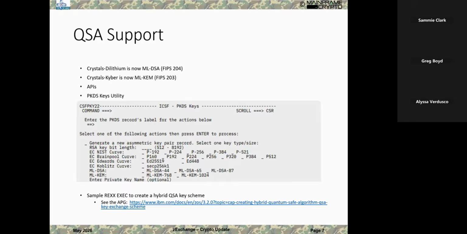Well, now we can create that operational key using a QSA key as well as an RSA or ECC key. And just by virtue of the fact that a QSA key is involved, that would be significantly more secure. So there's a REXX exec out there that you can play with that would generate the key material for you using that hybrid scheme.